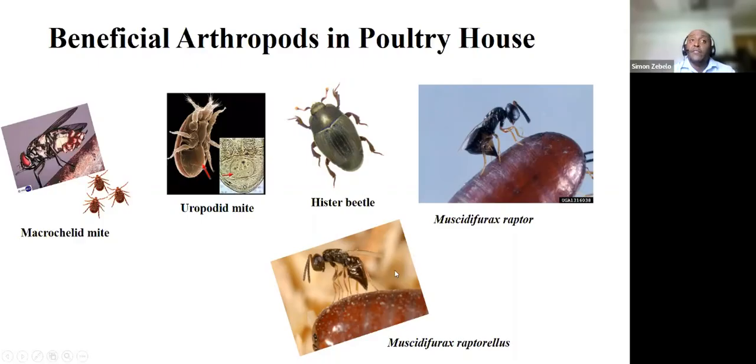And then there are very tiny wasps, sometimes you may not notice them, Muscidifurax raptor or Spalangia, very important, very effective parasitoids. They lay their eggs on the puparium of houseflies.